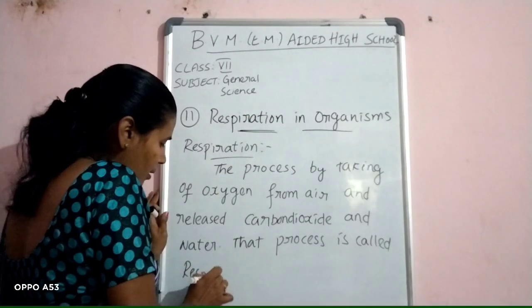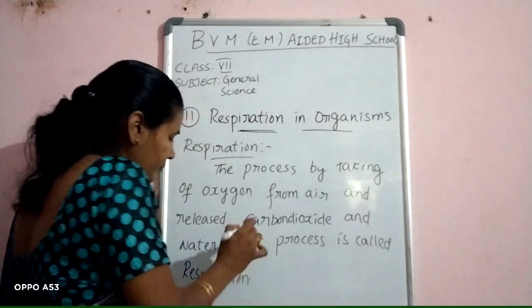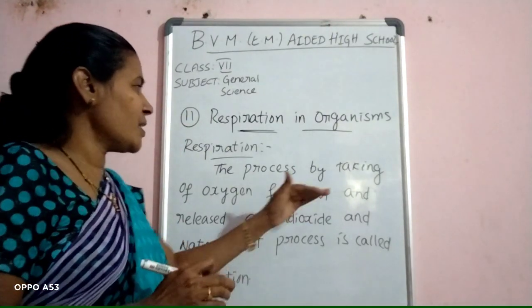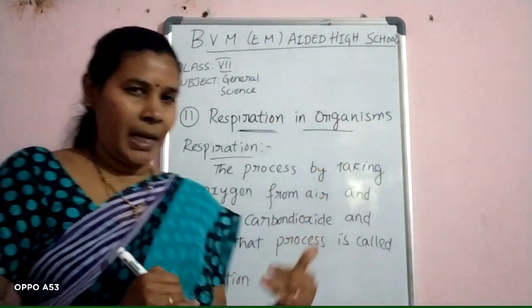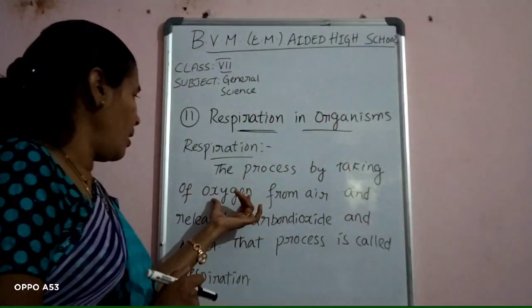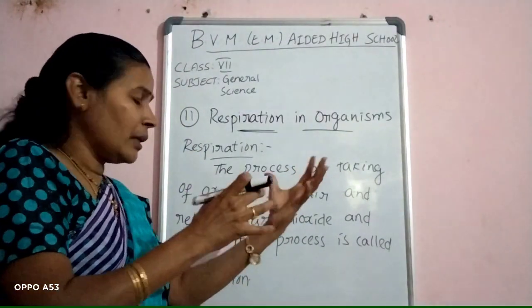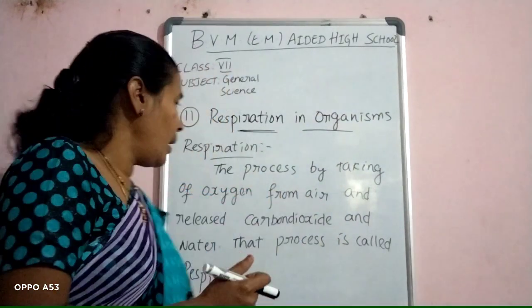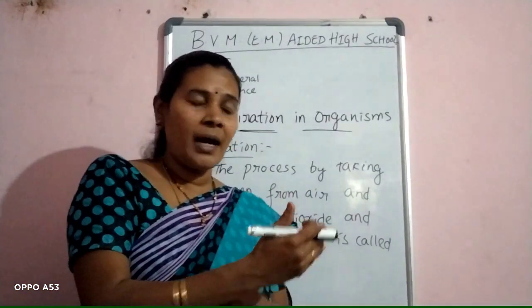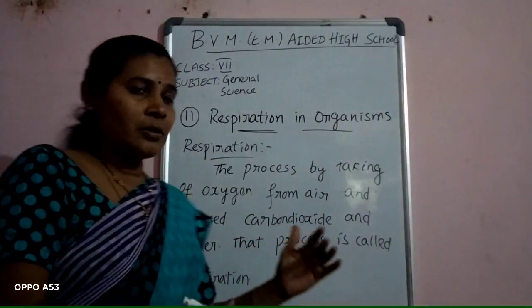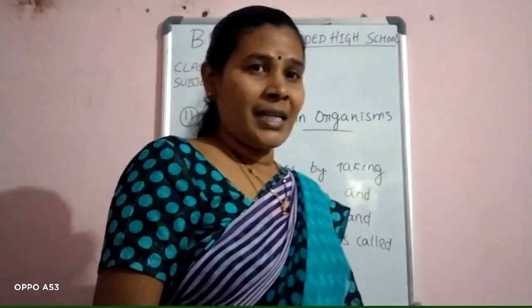Oxygen is one type of gas. That oxygen is taken from the air and carbon dioxide is released, at the same time water also. That process is called respiration.